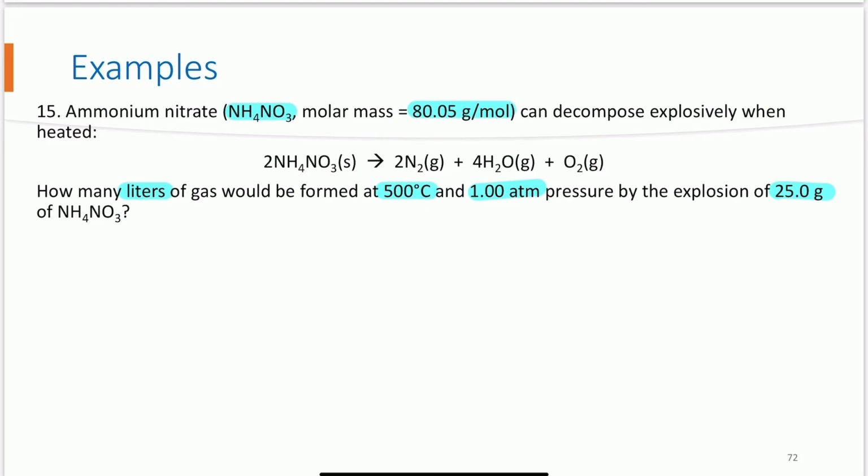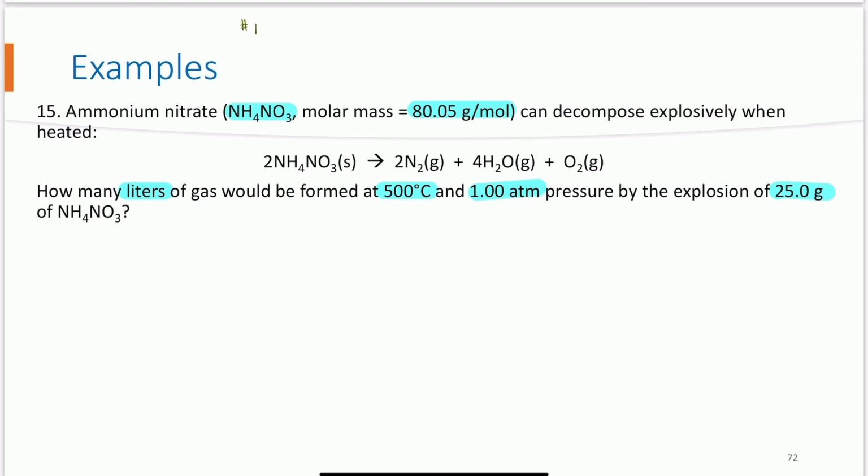I want to know how many liters of gas. I am forming N2, H2O, and O2 gas, which means I need to find the total number of moles of the system that are produced, add all those up, and use that to find the total volume.